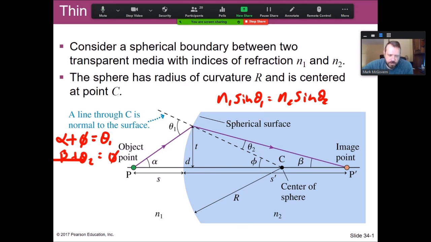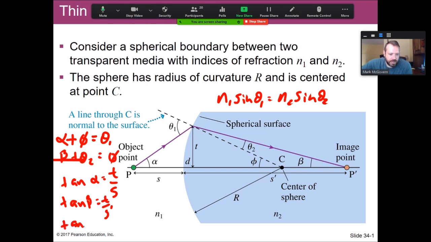Well, you have a bunch of tangents here. If you notice, this length t here, where the refraction has taken place, is involved in alpha, beta, and phi. So the tangent of alpha is going to be t over s. The tangent of beta is t over s prime.